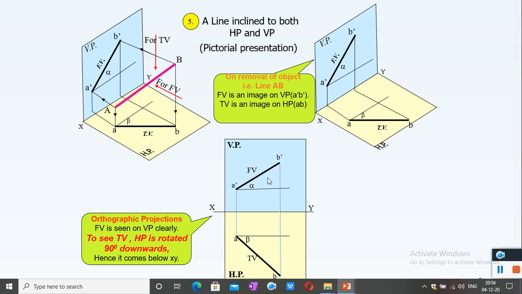Here these two are thick lines. All other lines are thin lines. Thick lines are drawn using 0.7 millimeter pencils and thin lines are drawn using 0.3 millimeter pencils.